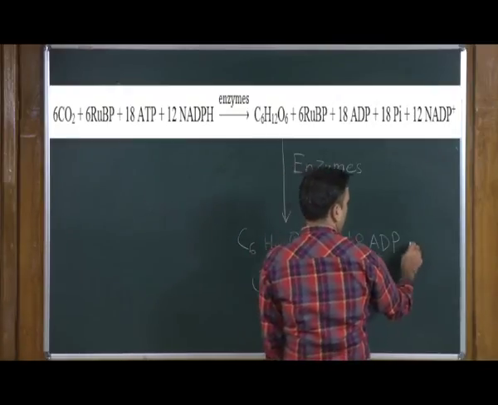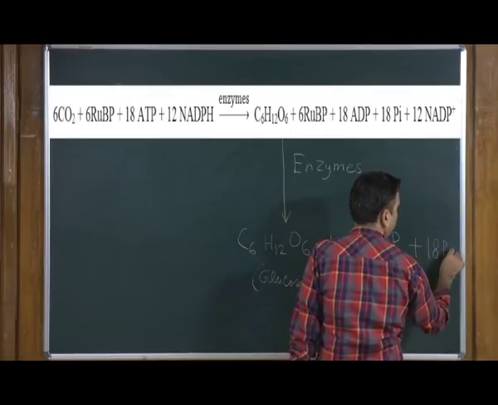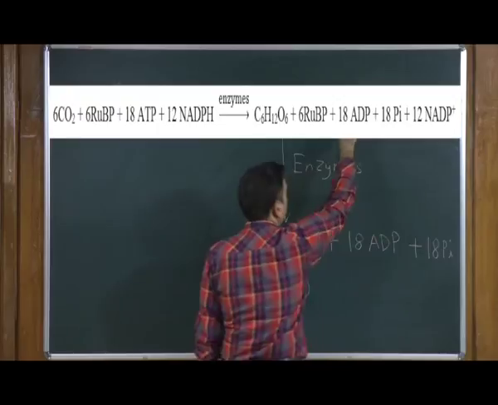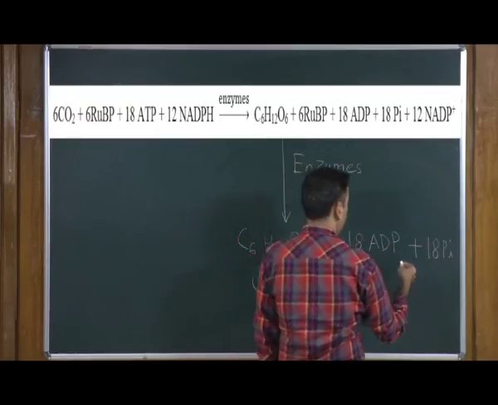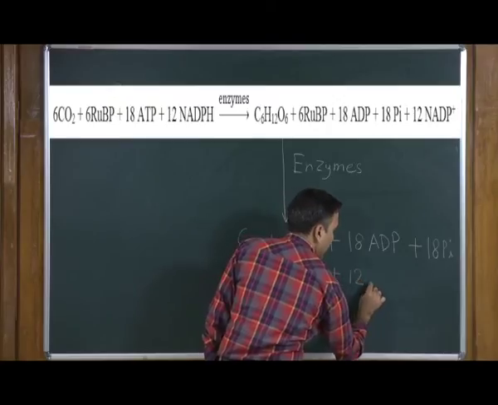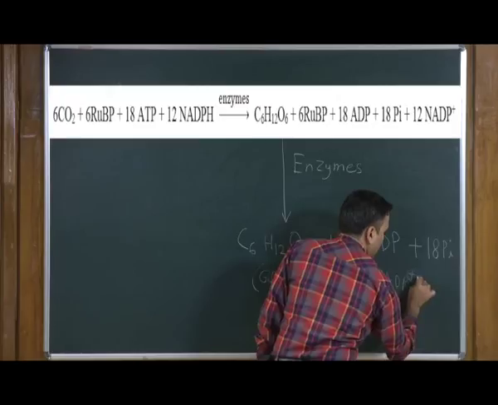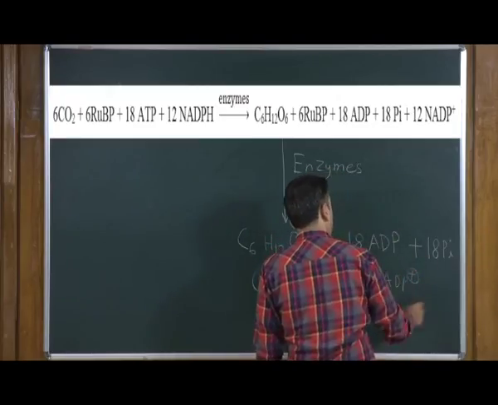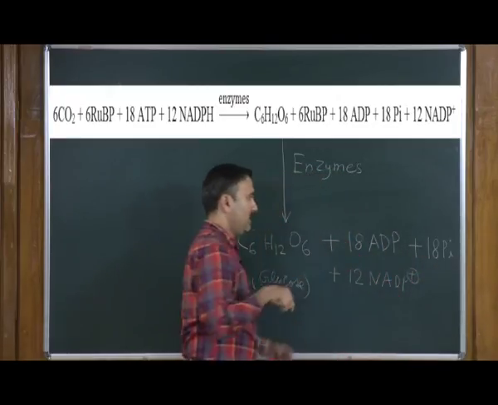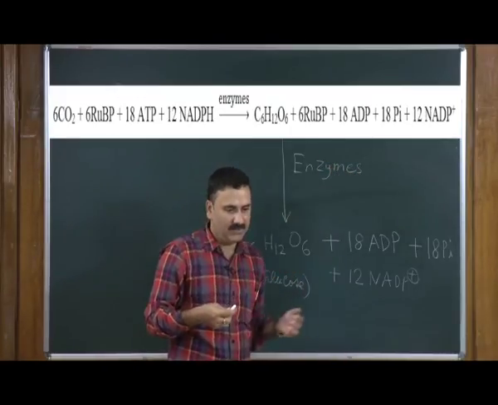And you are going to generate 18 molecules of free Pi, because ATP is getting converted into ADP, and you are going to generate 12 molecules of NADP plus. These molecules are ready to be combined by going to the light reaction again.